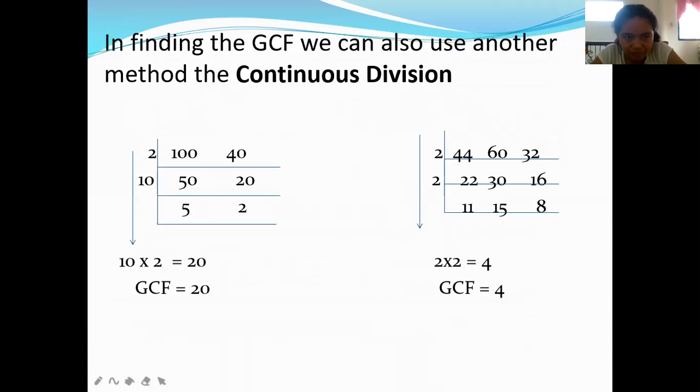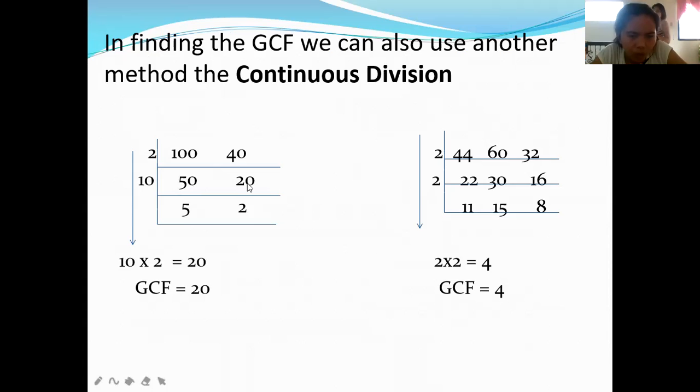Okay. So in finding the GCF, we can also use another method, that is the continuous division. The continuous division is easier. So in continuous division, we have here 100 and 40. What number can divide both? We have 2. So 100 divided by 2 is 50. 40 divided by 2 is 20.